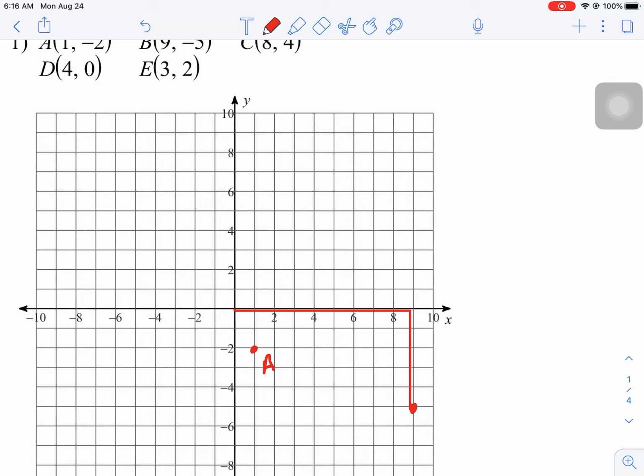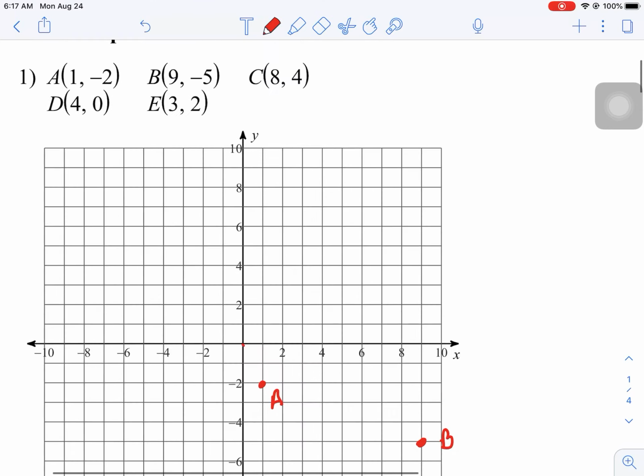Or let me say this again. We're going to go 9 in the positive x, and then we're going to go 5 in the negative y direction. And we put our point on there. We don't need those here. We just have to put the point, and remember that's point B. Okay?